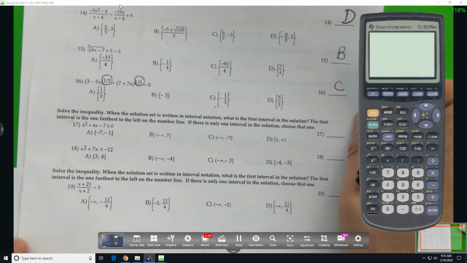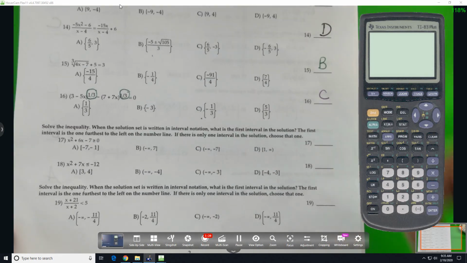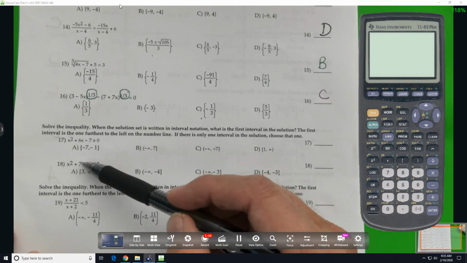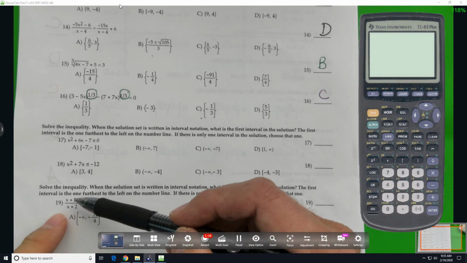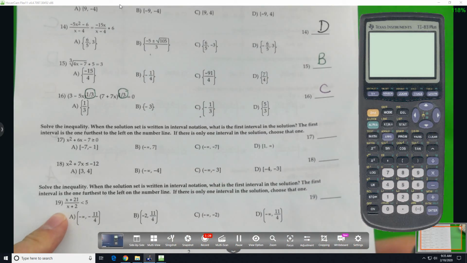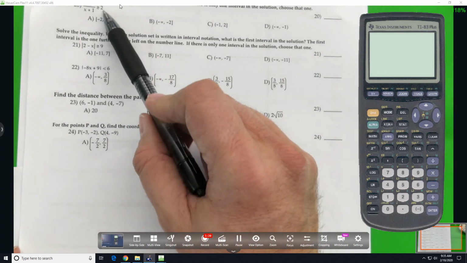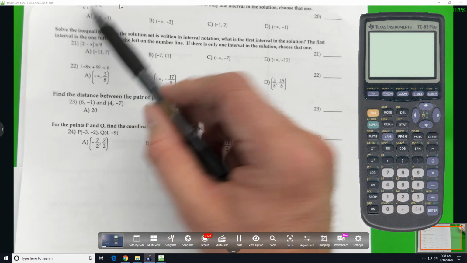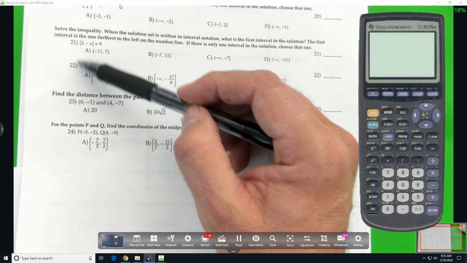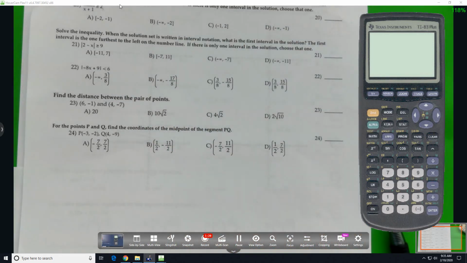Remember with cut points, you have the solution cut points and the denominator cut points. 17 and 18, there's no fraction, so no denominator cut point. On number 19, will there be a denominator cut point? Yes. Number 20, a denominator cut point? Yes, there's a fraction.